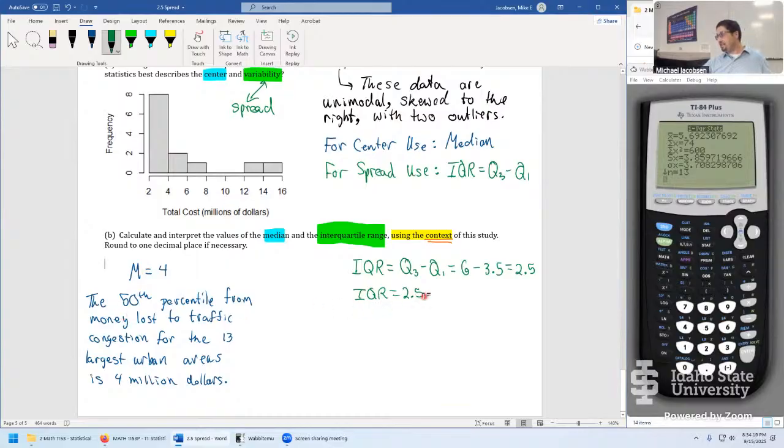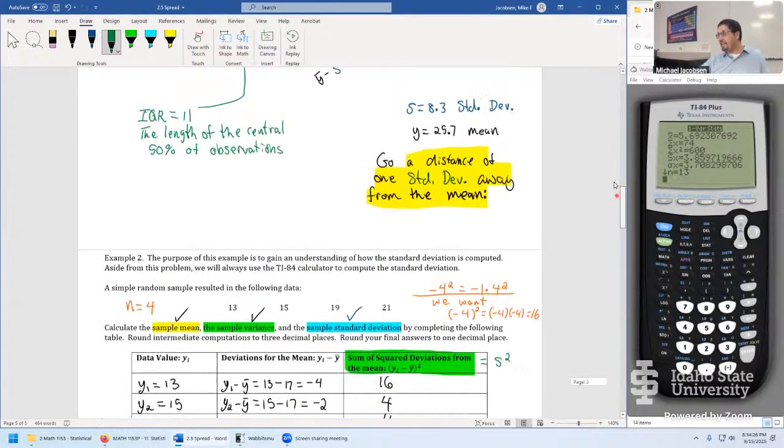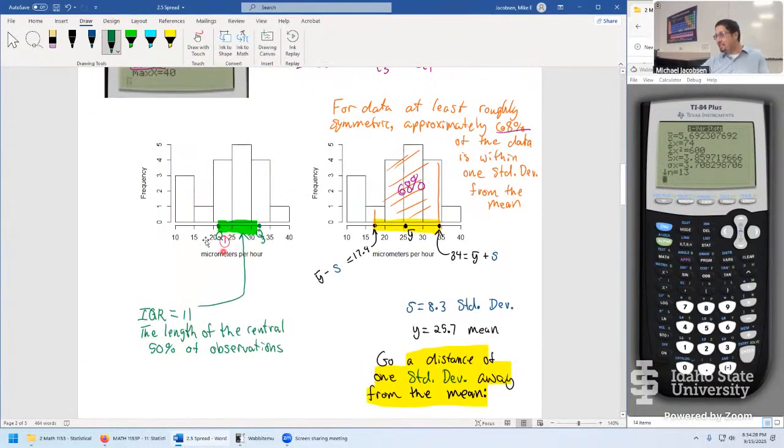Okay, this one's harder, and that's kind of the reason why we took all that extra time of just writing this down on paper. Let's go back up here again. Again, thanks for correcting the units right here. That was going to look funny when we come back to it. When you're going to interpret the interquartile range, you can just literally say it's the length of the central 50% of observations. Just throw in the context and you're always okay saying that because that's exactly what it is.